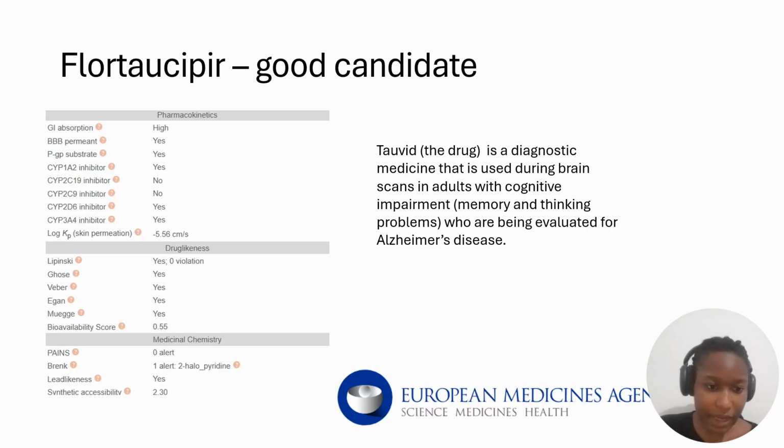Here you'll see that it is permeant, and it has high GI absorption. A little bit more about flortaucipir. It is a medicine used for diagnosis of Alzheimer's disease, and it is used in scans to locate the fibrils, but also to see if they're damaged or not.